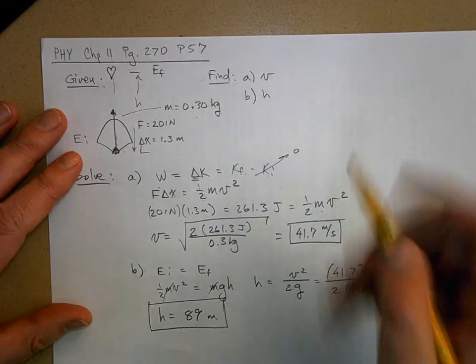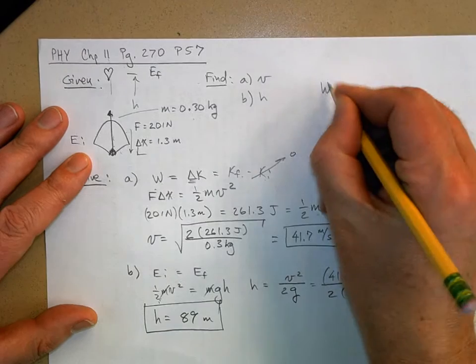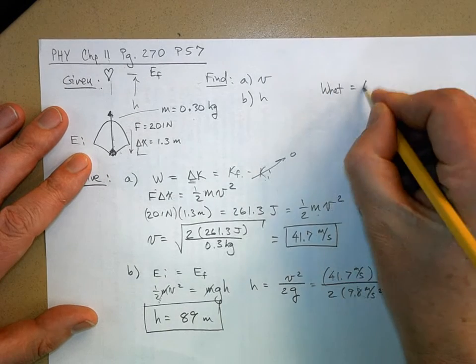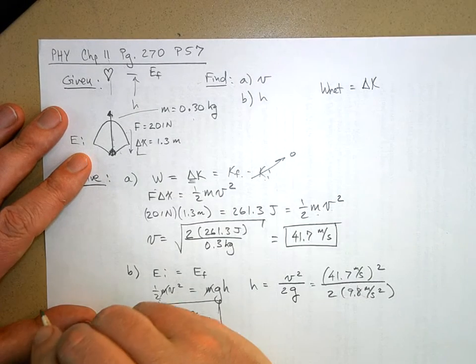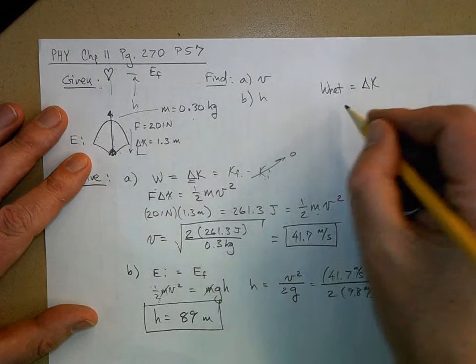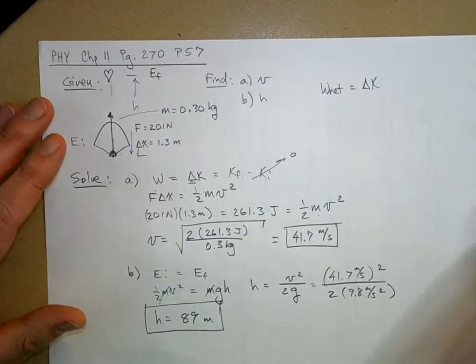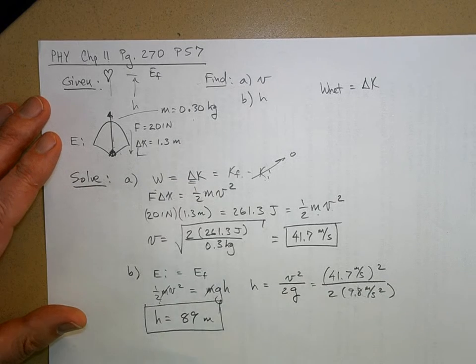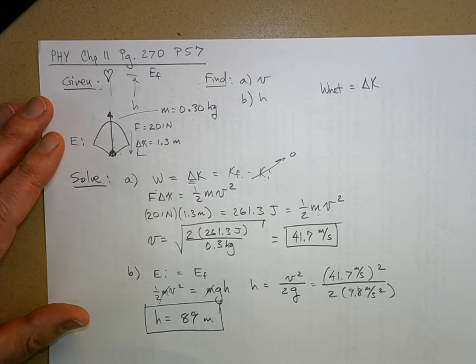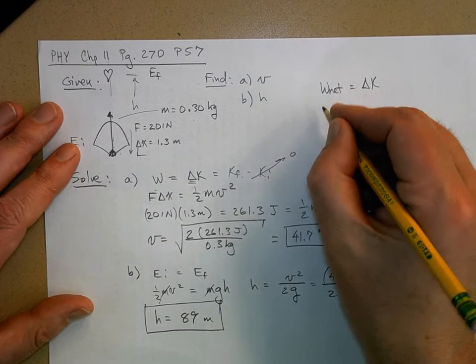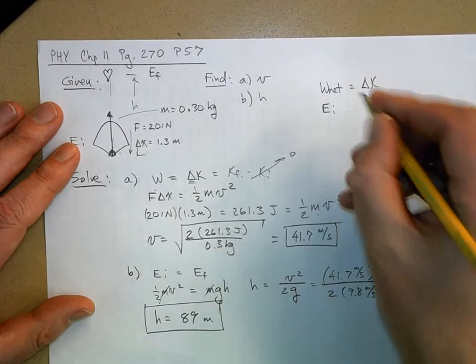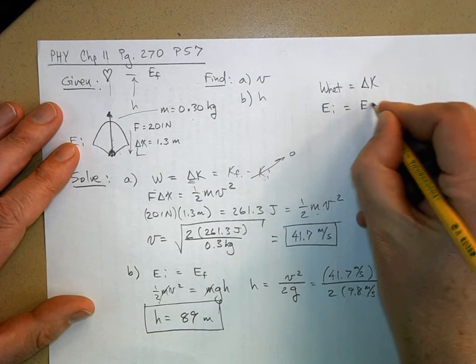So remember this. The work done by the net force equals a change in kinetic energy. And also, if and only if the only forces doing work are conservative forces, like a bow or gravity, springs, then you can say that the initial mechanical energy equals the final mechanical energy.